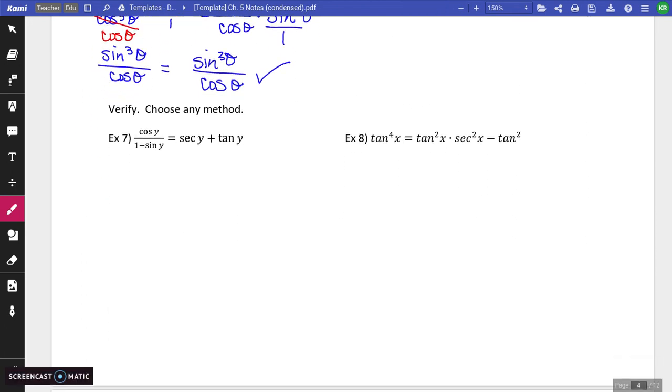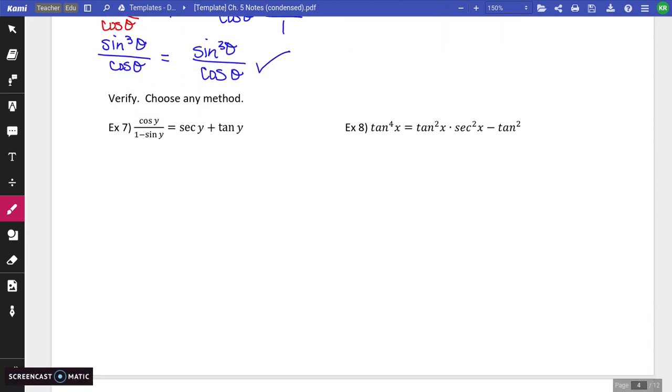Okay, so let's try to do one more example here. And, well, I think I'm going to work on maybe the right side. So secant, I could rewrite as 1 over cosine.